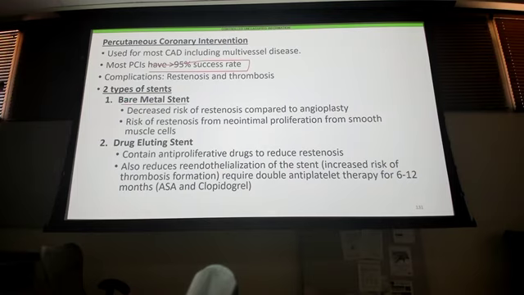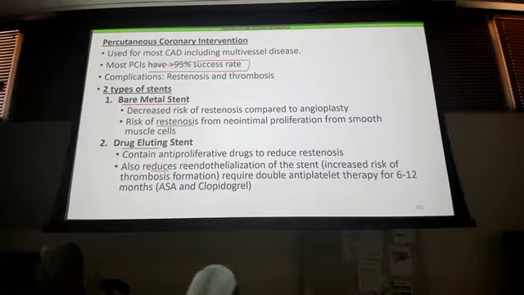We have the bare metal stent, which does have improved function, but there is a higher risk of restenosis because the body starts to grow cells around that metal cage, and that can cause a restenosis of the vessel. So in order to prevent that, they came up with the drug-eluting stent, which has a medication in it that prevents those cells from forming around the cage for an extended period of time, and that reduces the risk of restenosis.